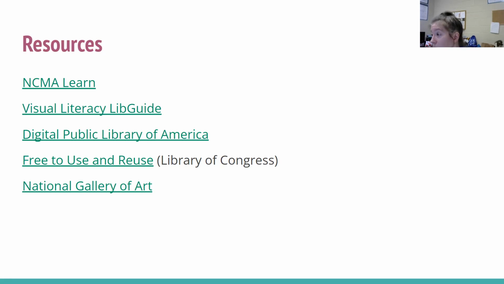That is where I got a lot of the images for the buttons, especially for copyright. And then finally, the National Gallery of Art, they have open data access, but they also have a Learn page to sort of incorporate some educational opportunities and strategies. So that is their Learn page, but you can always explore other things as well.